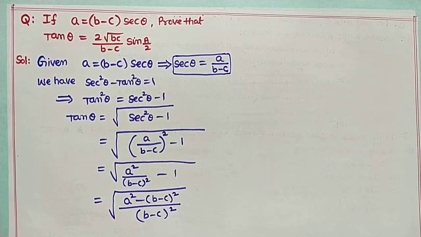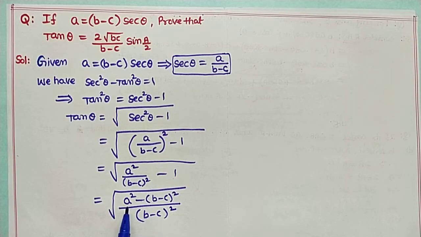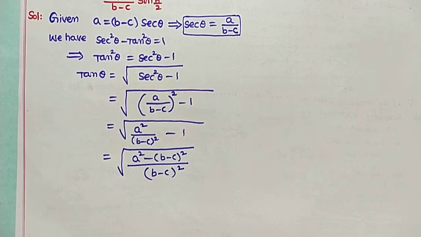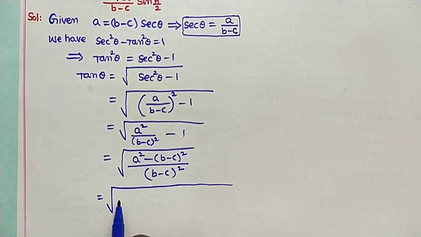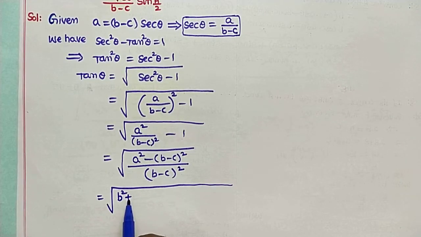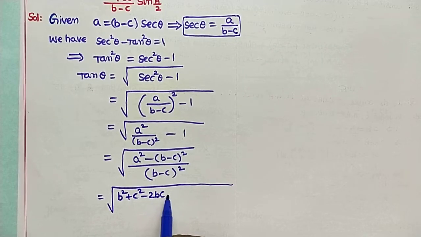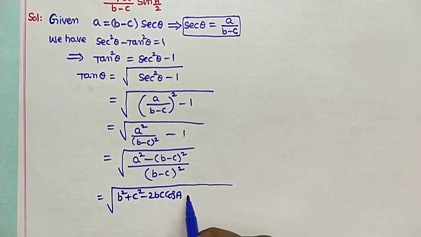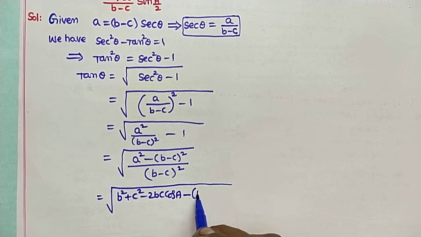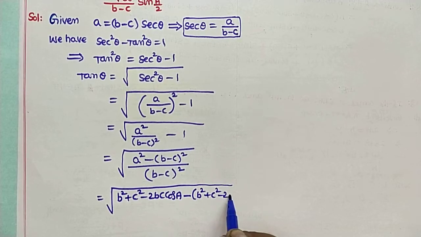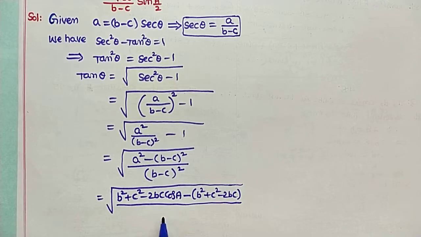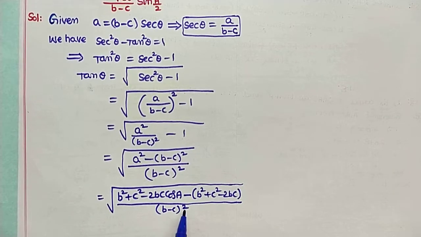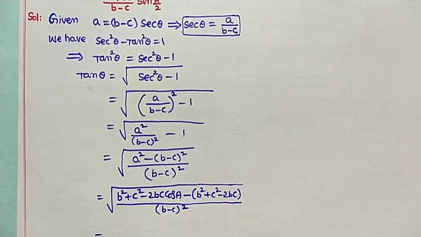Now we have the formula for a square from the cosine rule. So in place of a square, b square plus c square minus 2bc cos A, minus b minus c whole square expansion, b square plus c square minus 2bc, bracket close, divided by b minus c whole square. The square root cancels for the denominator, so the denominator will become b minus c.